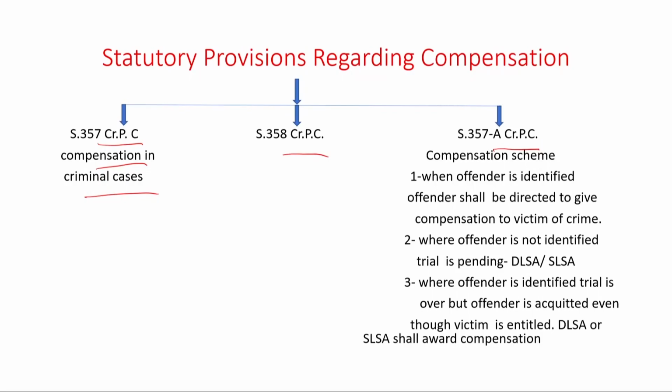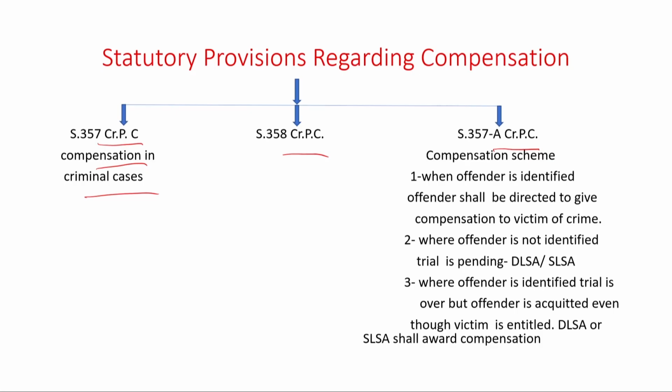So all these things you might know: the Supreme Court has held that even a fine can be given to the victim of crime in addition to the compensation. So you need to remember all these things. I will discuss the case laws where the Supreme Court has categorically held this.